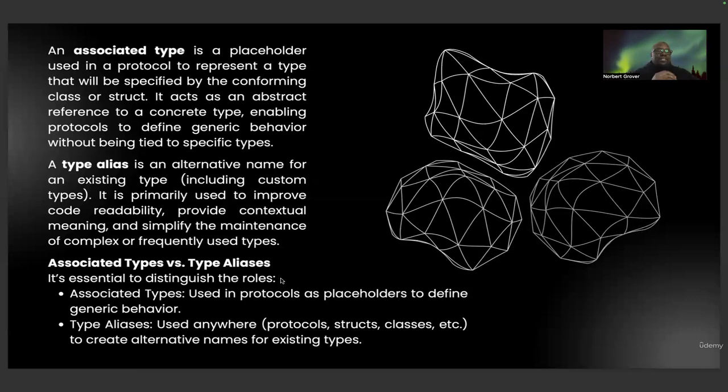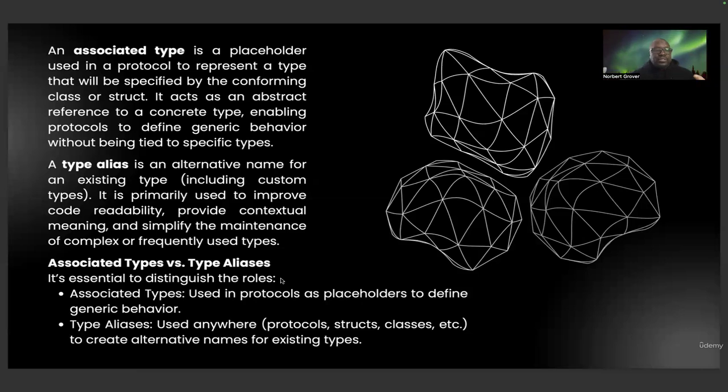Okay. Now, a type alias is just an alternative name for an existing type, right? And that includes custom types. It's primarily used to improve readability.